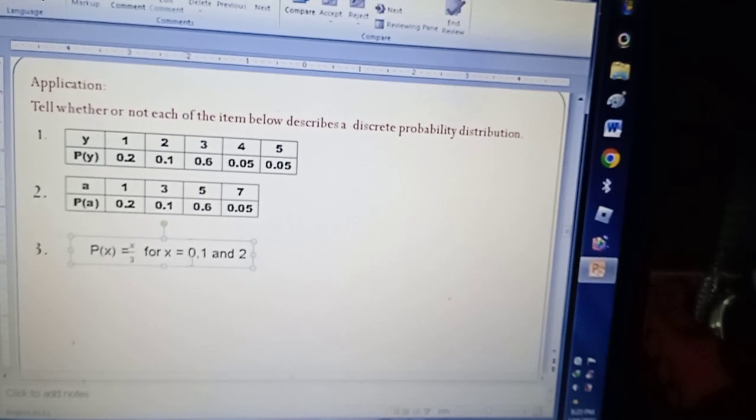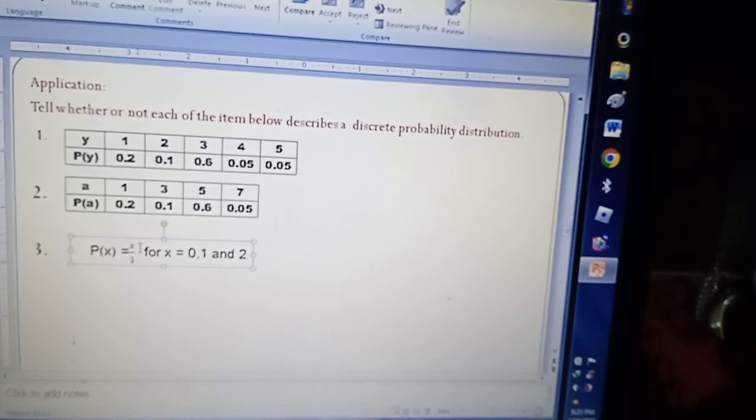So, we substitute these values of X and add them to see if it reaches 1, and we will find out if this describes a discrete probability distribution.